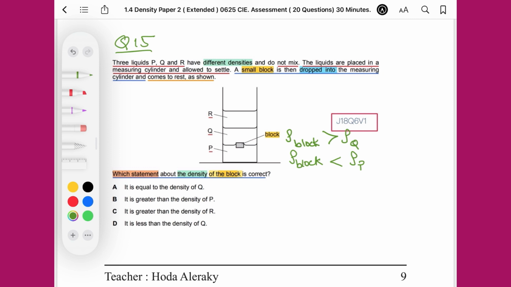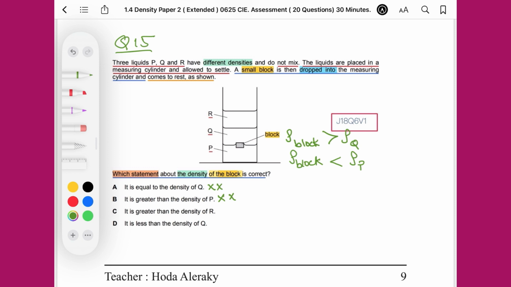Let's check the first statement. It's equal to the density of Q. No, it sinks in Q. Its density is larger than density of Q. It's greater than density of P. Its density is greater than, no, its density is smaller than density of P. Okay?